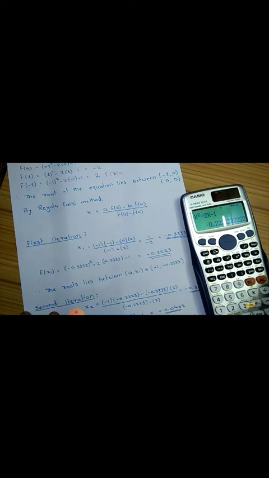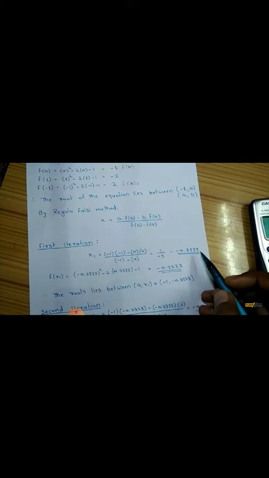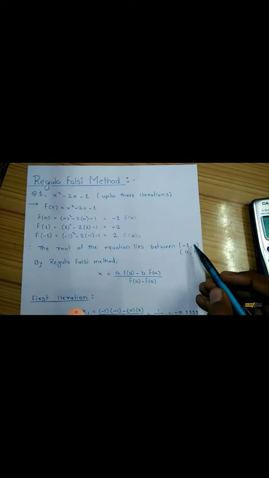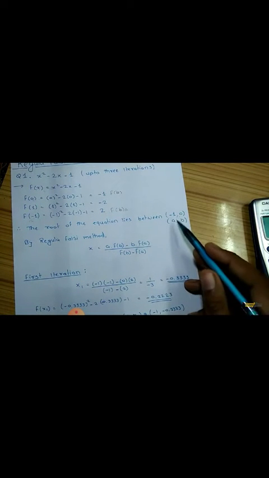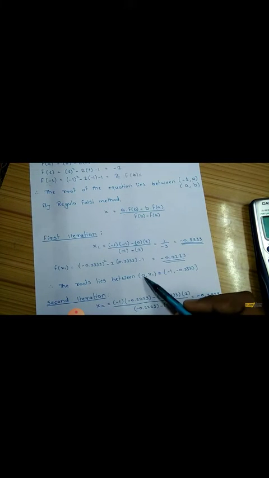So again applying this formula, (a f(b) minus b f(a)) upon (f(b) minus f(a)). Here a is equal to -1, and f(a) is again -1. Similarly, f(b) is equal to -0.2222.